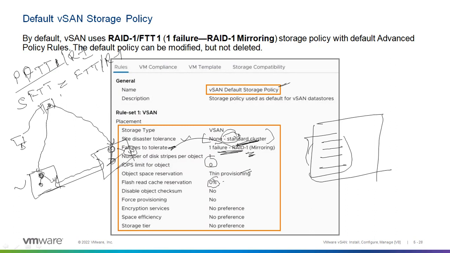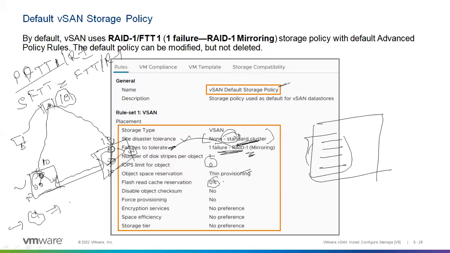So if you are writing 10 GB of data within a stretch cluster with mirror configuration, how many times will it write? 10 GB here, 10 GB here first, then a copy of 10 GB here, and a copy of 10 GB here. It means your data writes 4 times, correct?